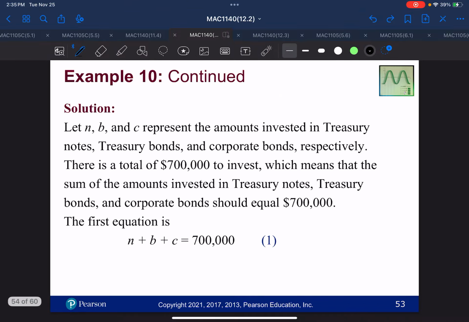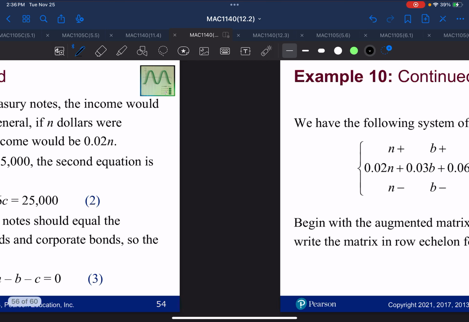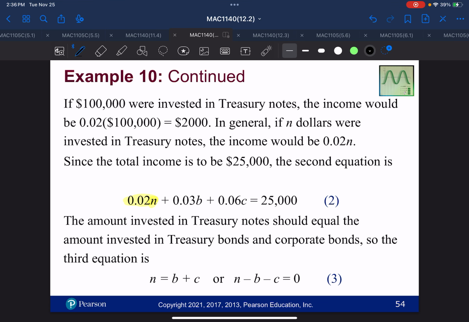And then the last piece of information they gave me was that they want the amount invested in treasury notes to equal the total amount invested in treasury bonds and corporate bonds.